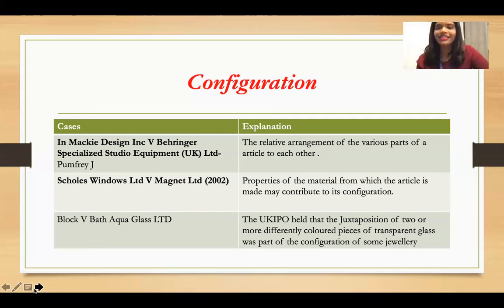If you fail, then you rely on copyright. If you fail under copyright, then you rely on unregistered design rights. And if you want to rely on unregistered design rights, remember these five things are very important to discuss. You must discuss that your product or your article is within the definition of design.